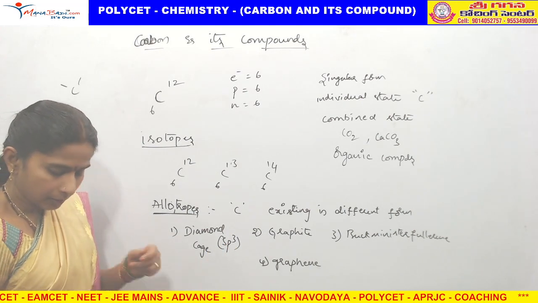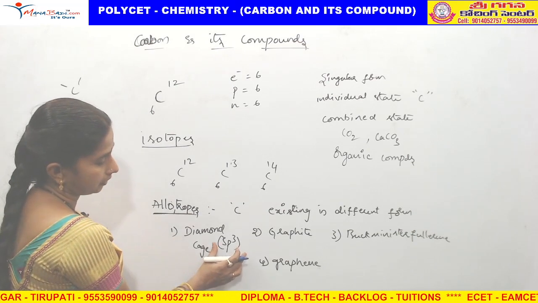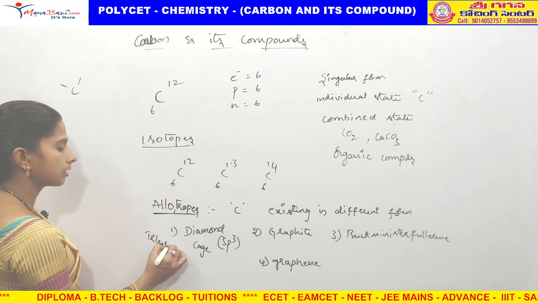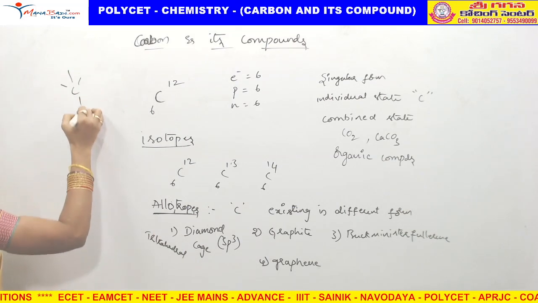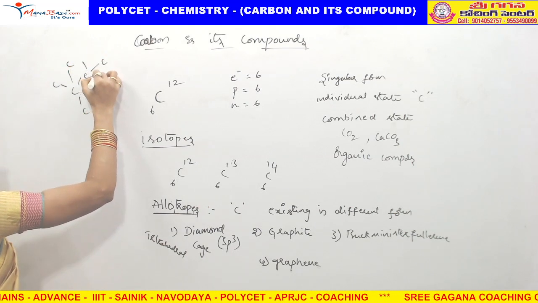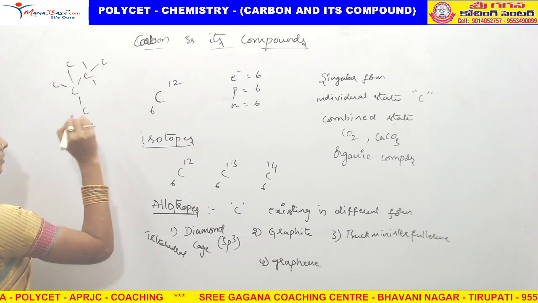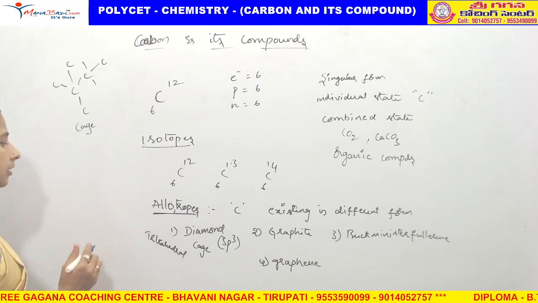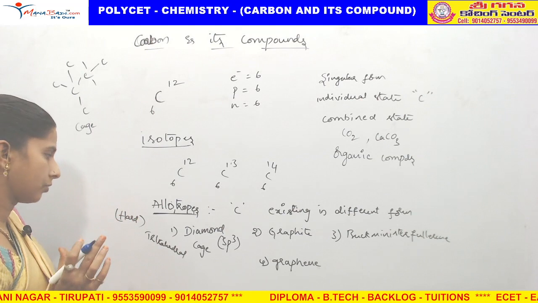Sp3 hybridization means a tetrahedral structure, so each carbon has a tetrahedral shape with another carbon. Again, this has a tetrahedral shape, so the overall structure becomes cage-like. So it is very hard in nature due to its structure.